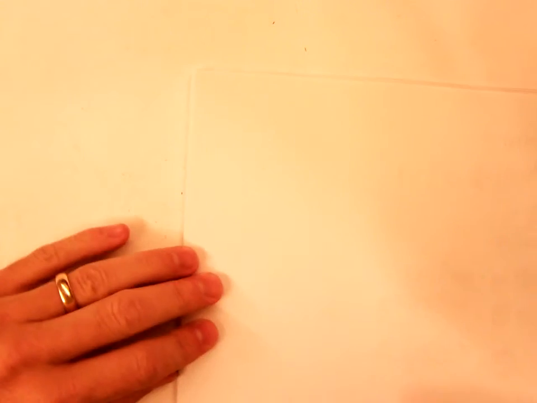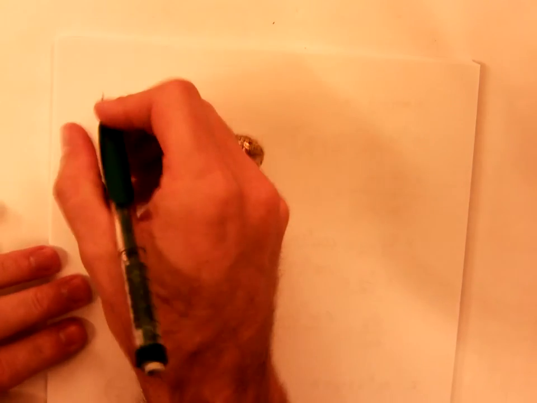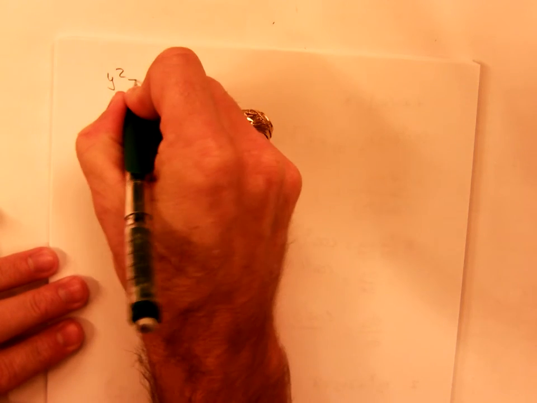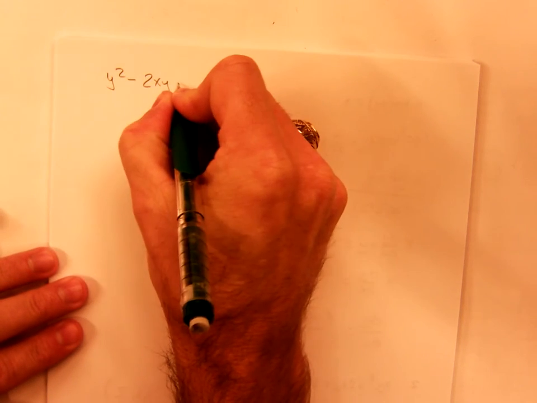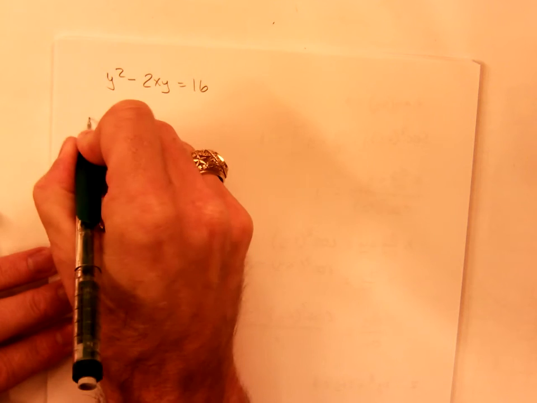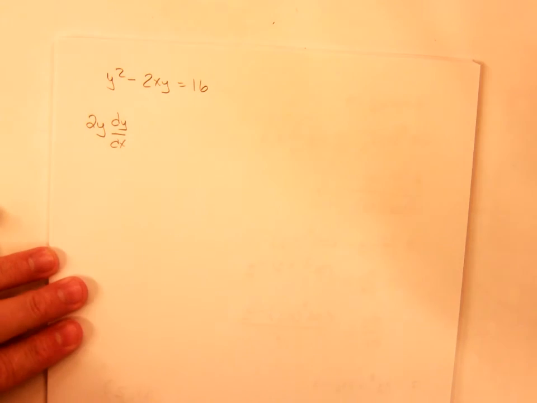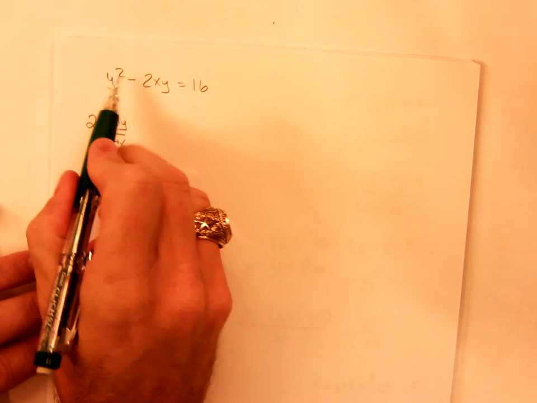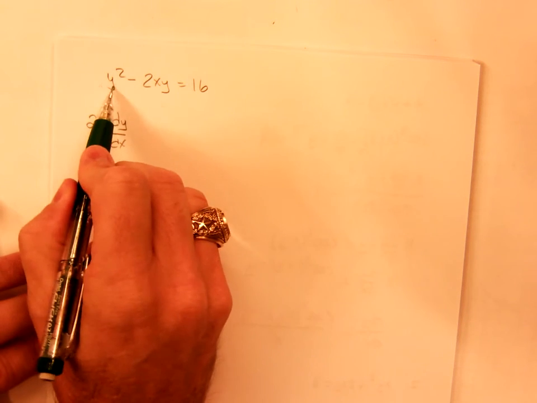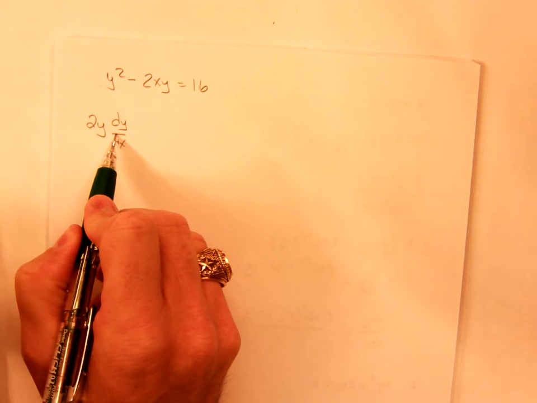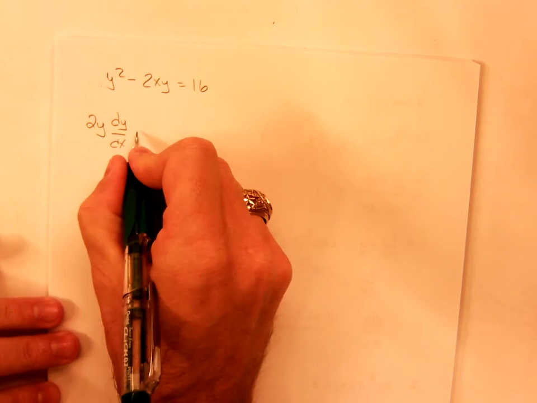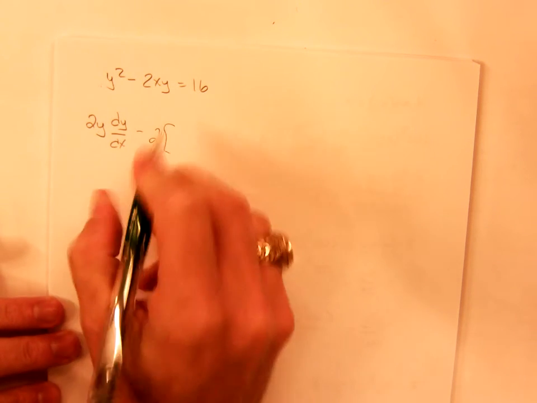All right, number 3. If y squared minus 2xy equals 16, then what is dy/dx? So y squared minus 2xy equals 16. This is going to be 2y dy/dx. I did the power rule, 2 times y and then times dy/dx. Minus 2, and now I'm going to do the product rule.